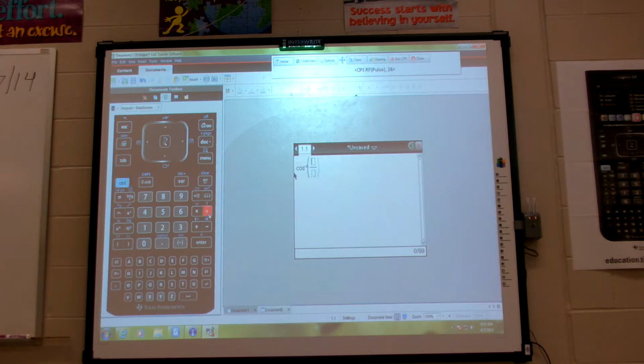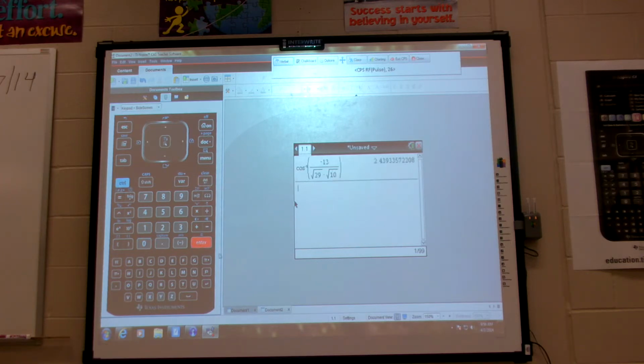Control division puts it automatically over. So I have negative 13, put in the square root of 29, make sure you go over so it's not in the square root, times the square root of 10, oops, and it did 11.